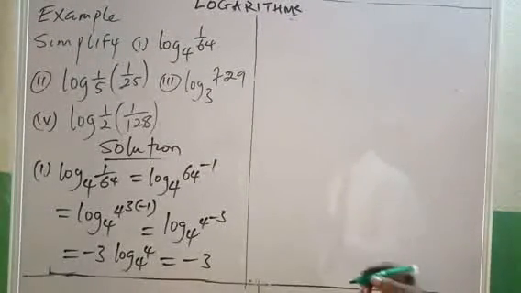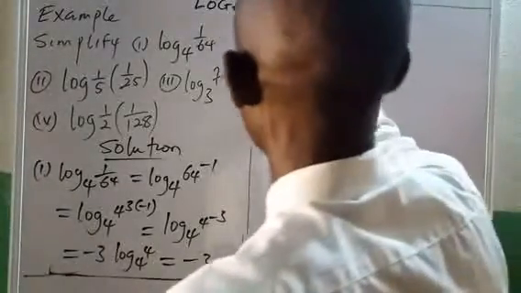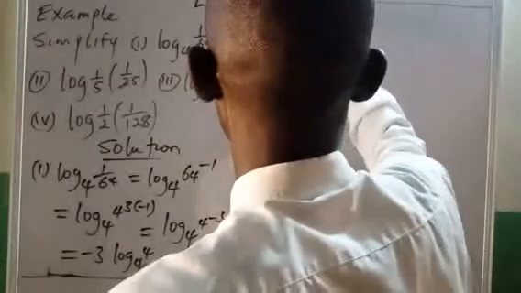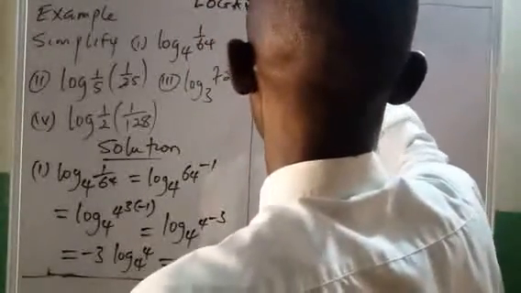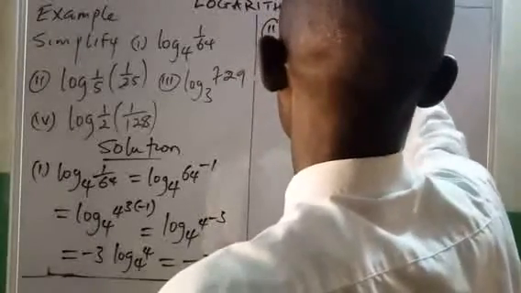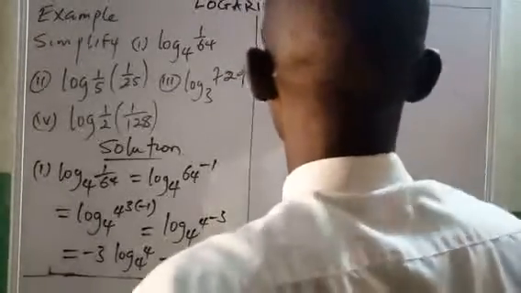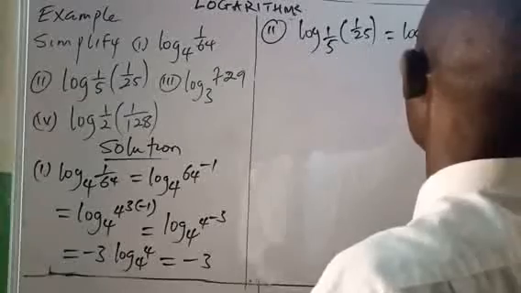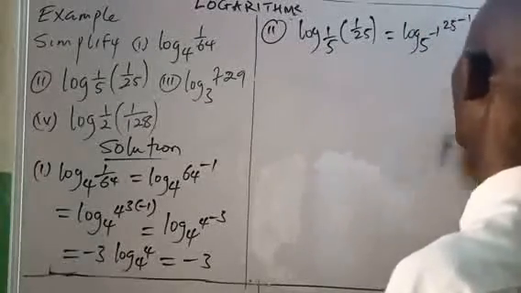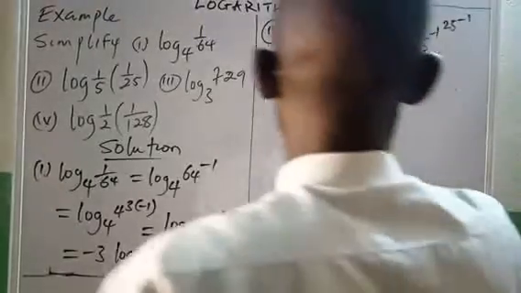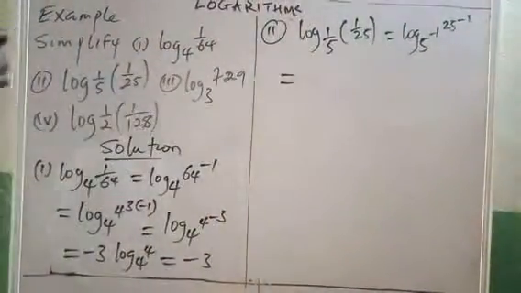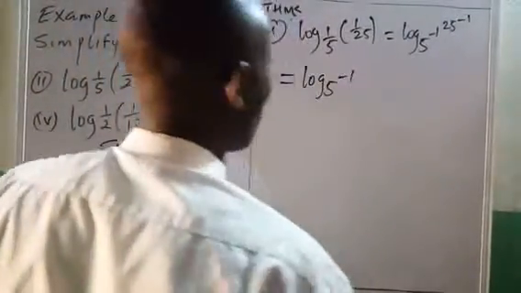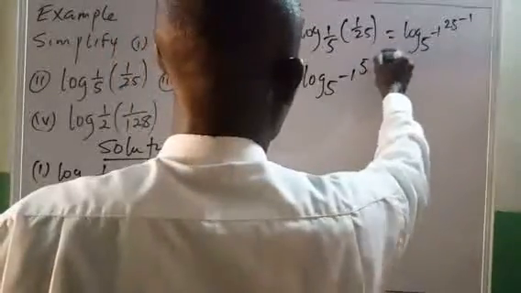Then we have number 2 there. Number 2, we're asked to simplify log of 1 over 25 to base 1 over 5. This is the same thing as log 5 raised to the power of minus 1, of 25 raised to the power of minus 1. So this will also give me log 5 raised to the power of minus 1, of 5 raised to the power of minus 2.